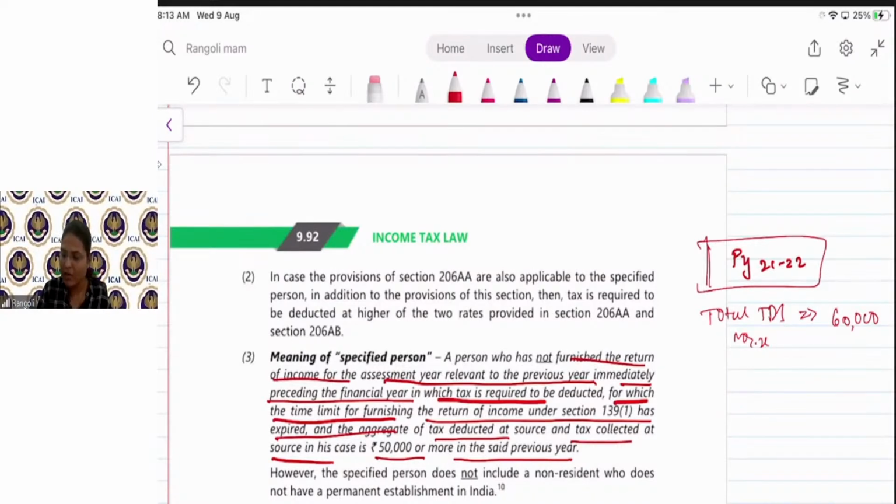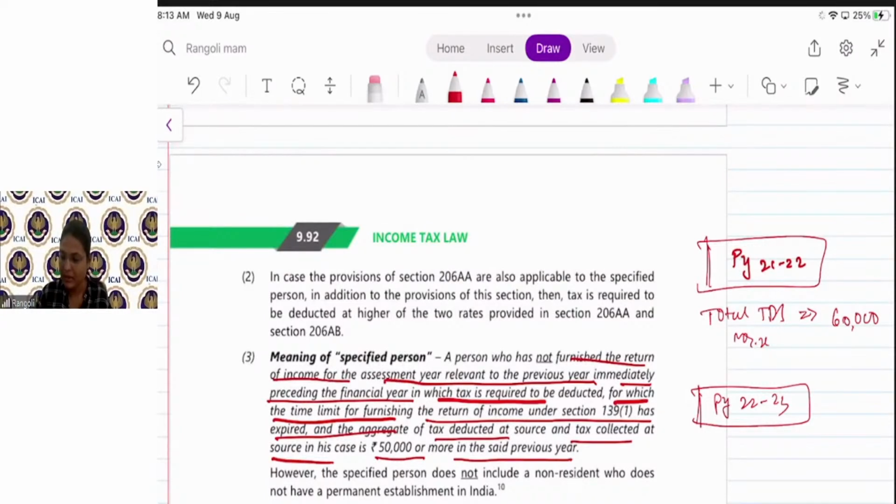So now in previous year 22-23, whatever amount is paid to Mr. X by the payer, then payer will deduct TDS at the higher of the rate prescribed in section 206AA if PAN is not provided, or 206AB if PAN is provided.